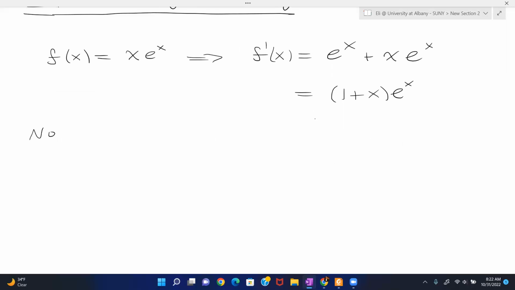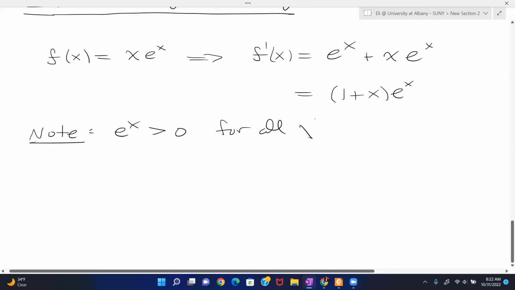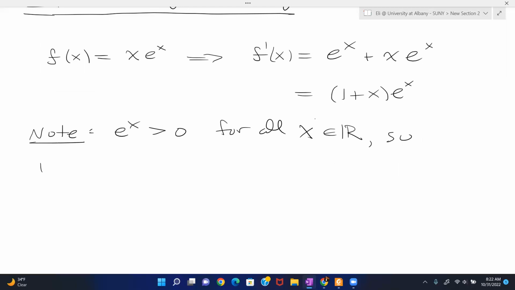So note, e to the x is positive for all real numbers x. So it doesn't contribute to overall sign.